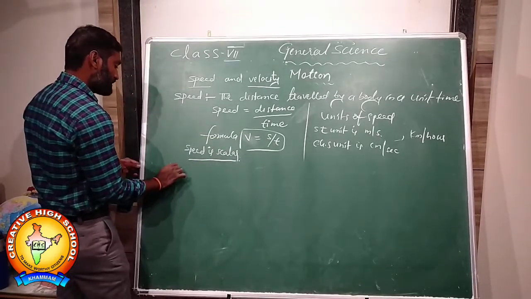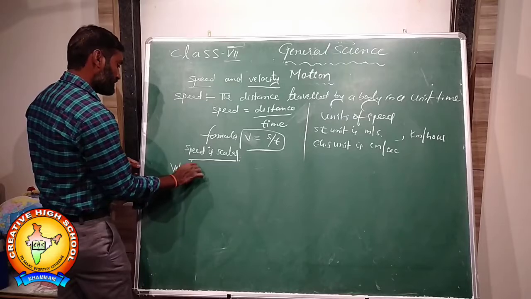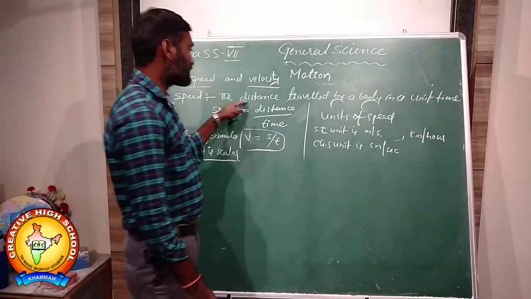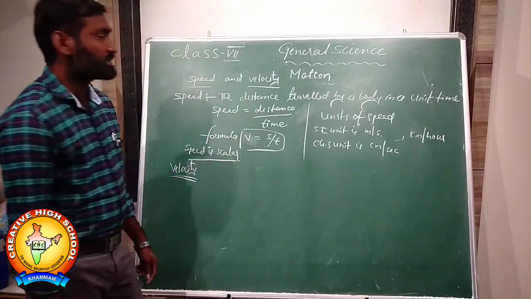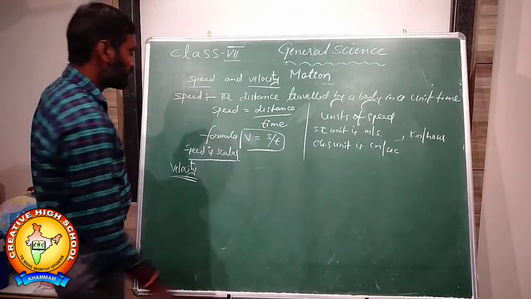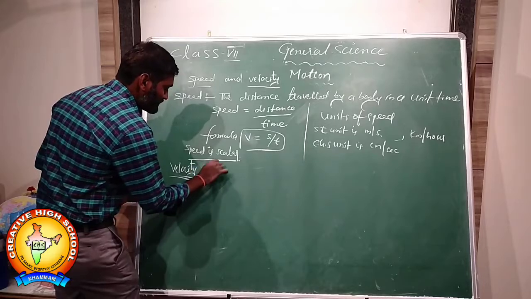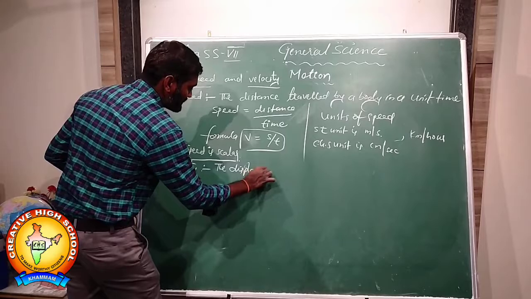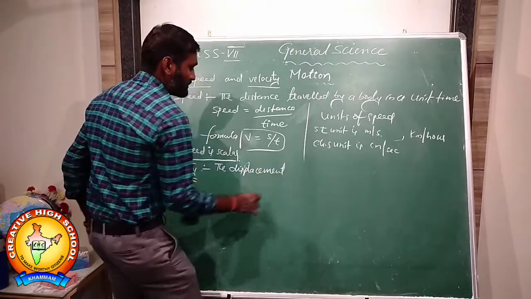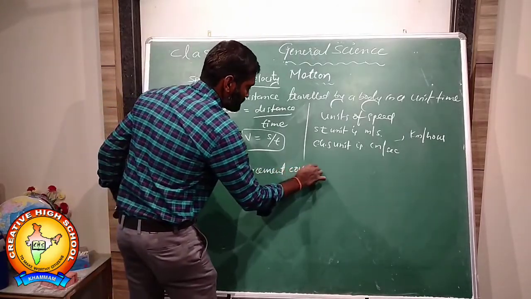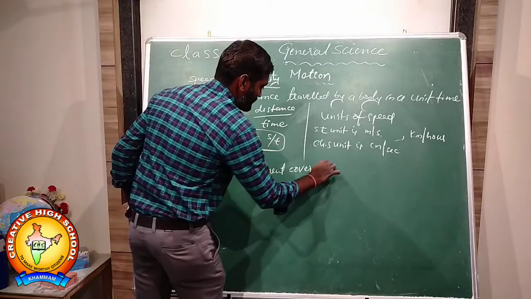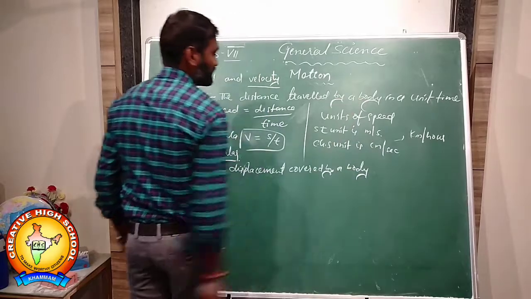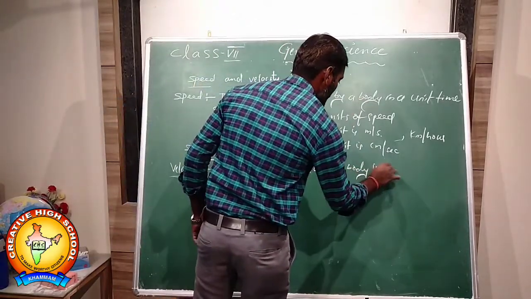What is velocity? Velocity means, instead of distance, the displacement traveled by a body in a unit time.